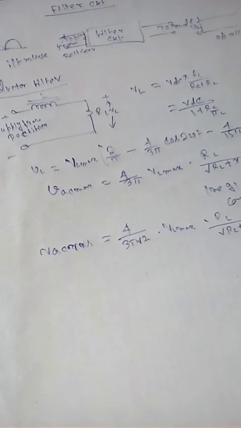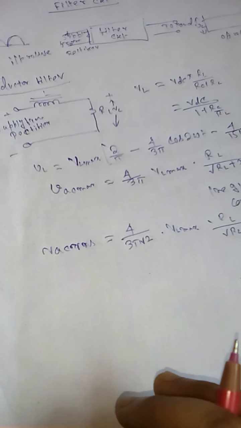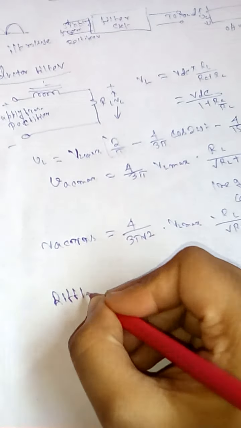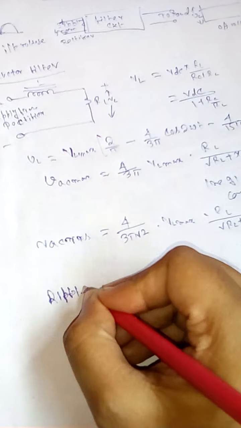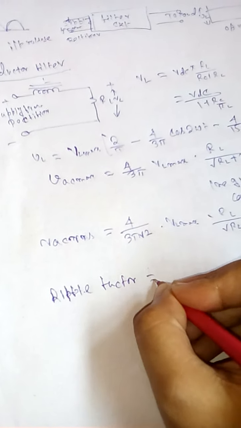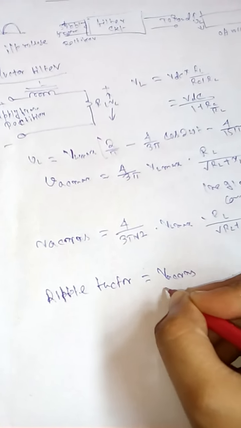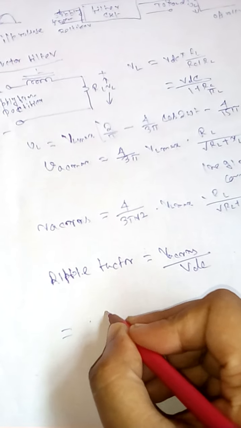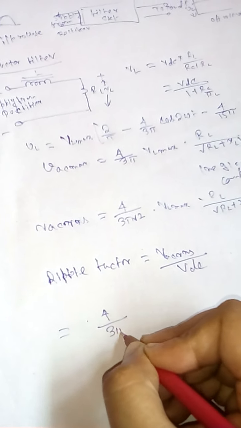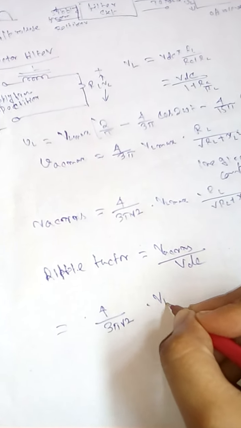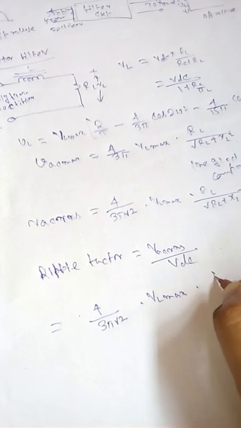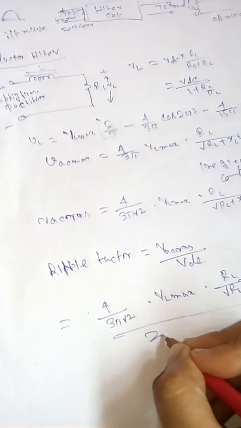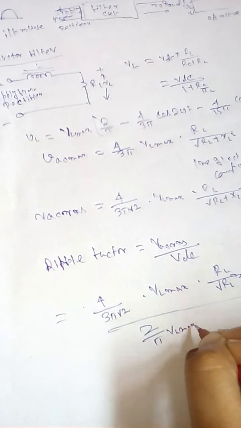Ripple factor means the AC component VAC RMS by VDC. So the ripple factor is VAC RMS by VDC, which is 4 by 3 pi root 2 into VL max into RL by root over RL square plus XL square, divided by 2 by pi VL max.